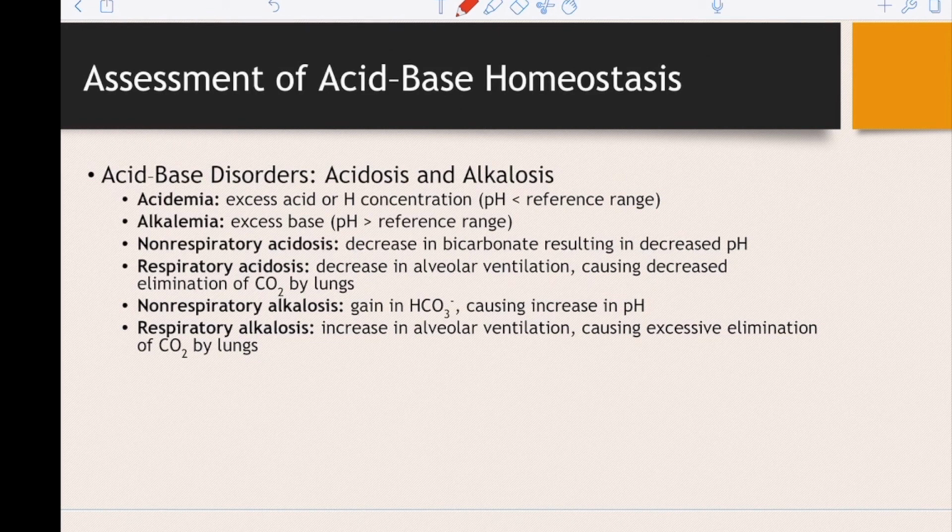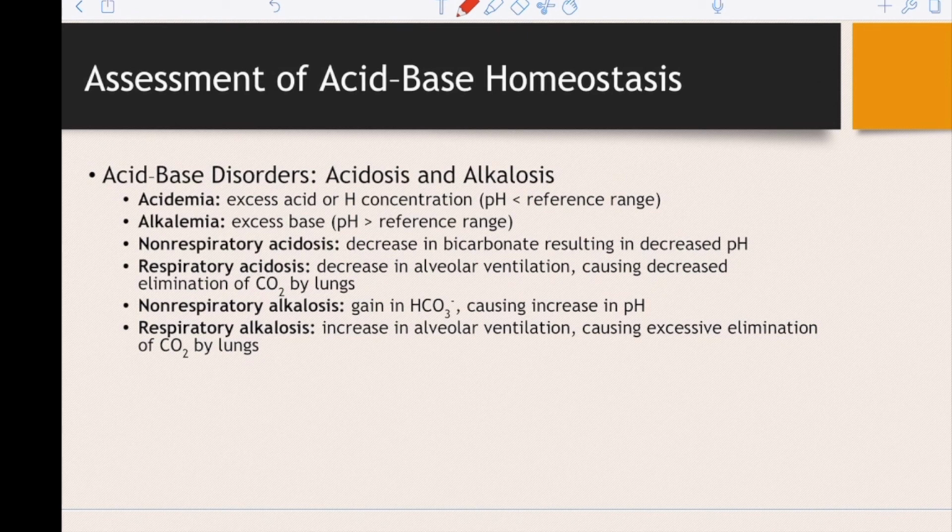If you have acidemia, that means that you're carrying excess acid or proton concentrations in the blood. So your pH is going to be lower than the reference range, right? Because we have excess protons, that means it's an acidic condition, and according to the Henderson-Hasselbalch equation, that means that our pH is going to be lowered, and it's going to be lower than the reference range.